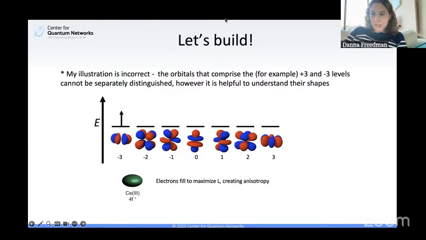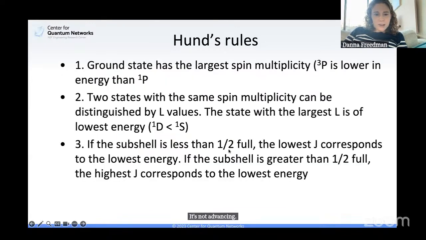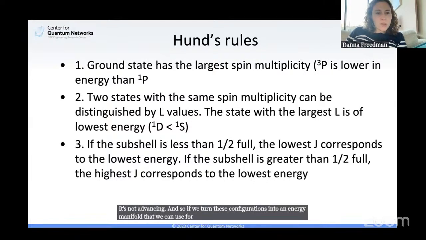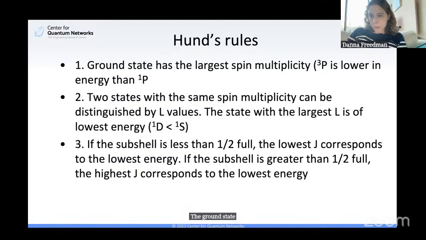So, is this not advancing? And so if we turn these configurations into an energy manifold that we can use for thinking about emission, the ground state has the largest spin multiplicity, which is what we just said. Two states with the same spin multiplicity can be distinguished by L values. And this is also giving you a sense of what energy scales are dominant here.